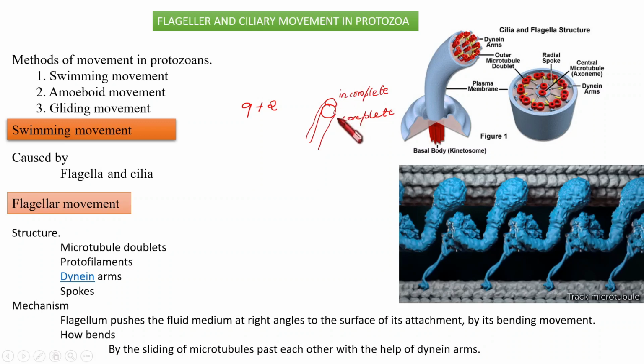In what respect is one complete and the other incomplete? The complete microtubule is composed of 13 protofilaments, while the other is composed of only 11 protofilaments.